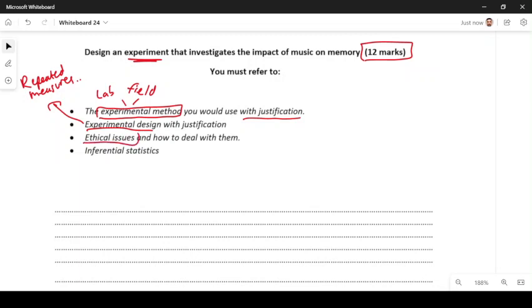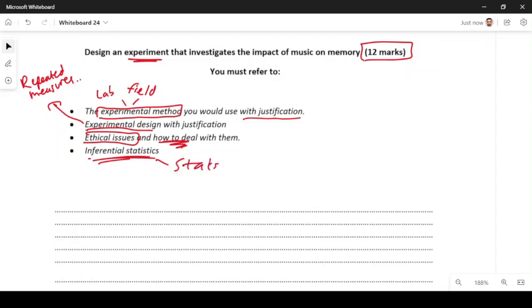Ethical issues, and also it says there how to deal with them. So you could suggest things in the experiment that could be ethically wrong, but you have to say how to deal with them. And then obviously inferential analysis, it sometimes says inferential statistics, and that's obviously your stats tests.